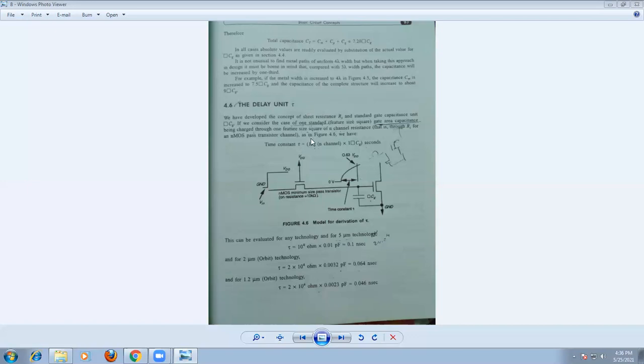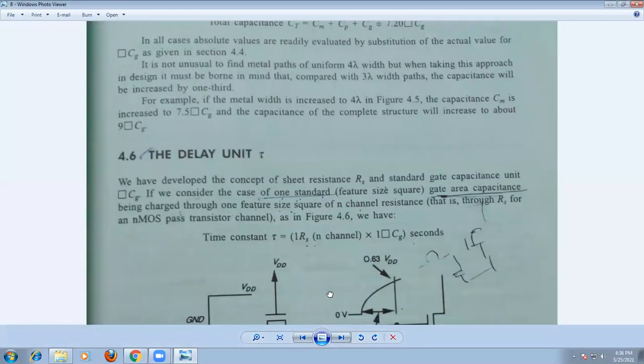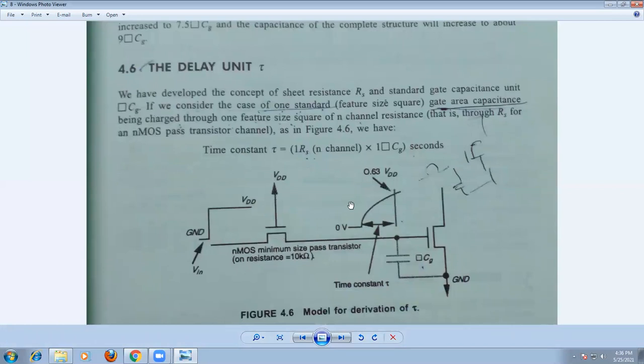Okay, now just see. Let us consider the delay unit. In order to analyze what basically the delay is, we have already seen in the previous semesters that delay depends upon the time constants of the network, right?